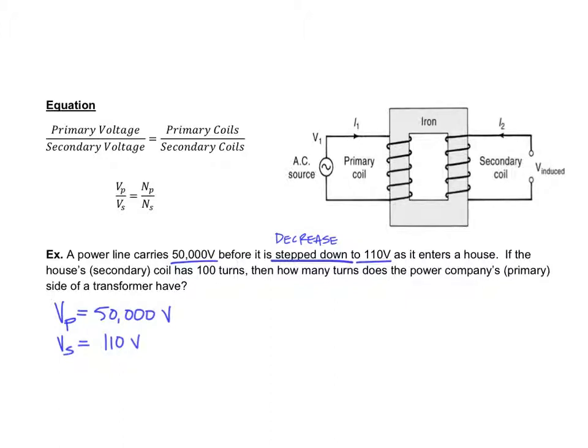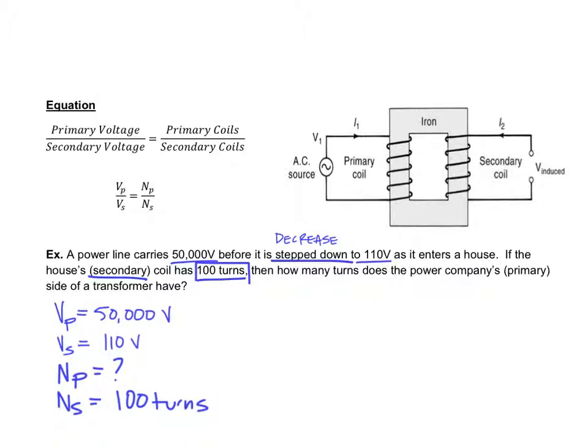It says the house's secondary coil, so this is on the secondary side. It has 100 turns, and remember, turns is expressed with an N. So let's list Np and Ns. The secondary turns is 100. And I want to know how many turns is the power company's primary side. So that's Np, primary coils.